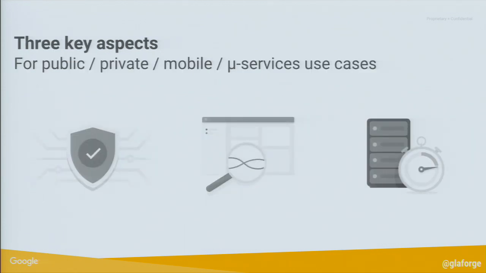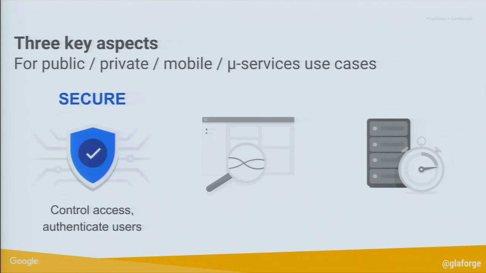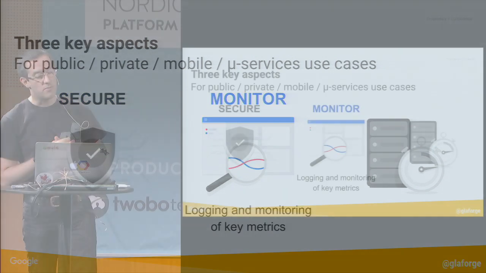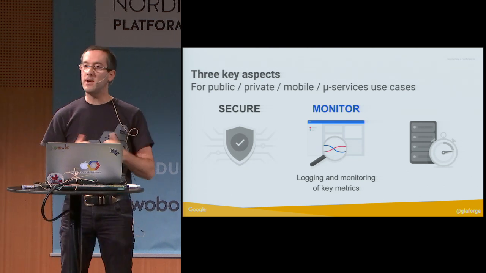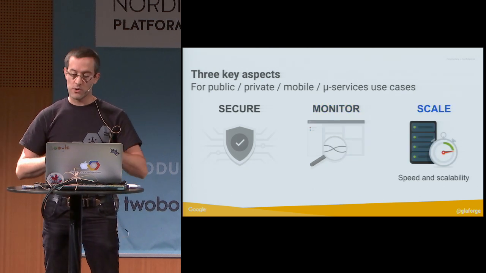Three key aspects in API management, whatever use case you're onto, public, private, mobile apps, etc. So you want to secure your API, control access, authenticate users, etc. You want to monitor, log the calls, look at your key metrics, and you also want to scale.